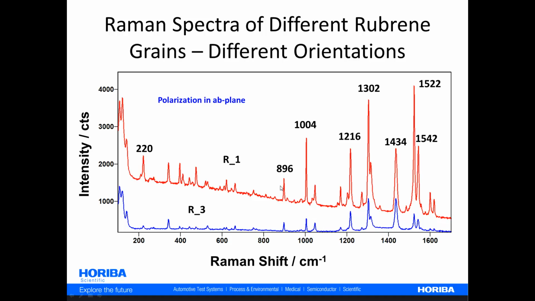And the red trace is with the other grain, which for all I know is polycrystalline. And so you see the dramatic differences in the Raman spectra of these grains simply because of crystallization and orientation. All right, and these are both plotted on the same absolute scale, and spectra were collected together.